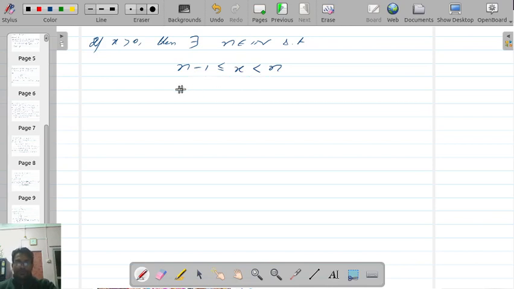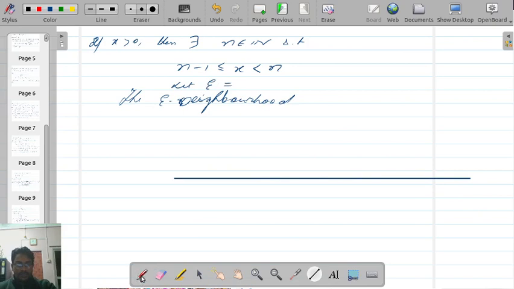So we'll take an epsilon neighborhood. Let epsilon equal to, so what we'll do, we will take half of this distance. x is somewhere here, and this is the integer which is immediately below it, and this is the integer which is immediately above it.